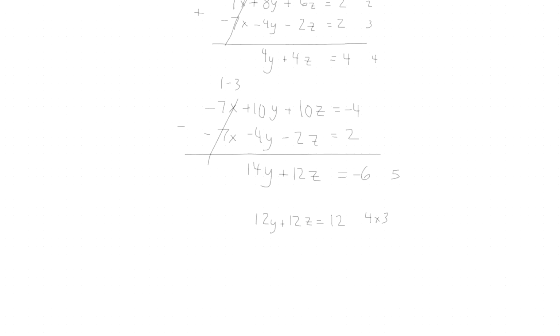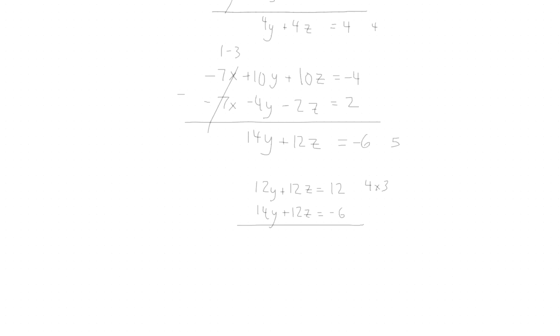Now all we're going to do is rewrite equation 5: 14y plus 12z equals negative 6. Are you going to add or subtract here? Subtract, because we're going to eliminate the z's. So 12y minus 14y is negative 2y.